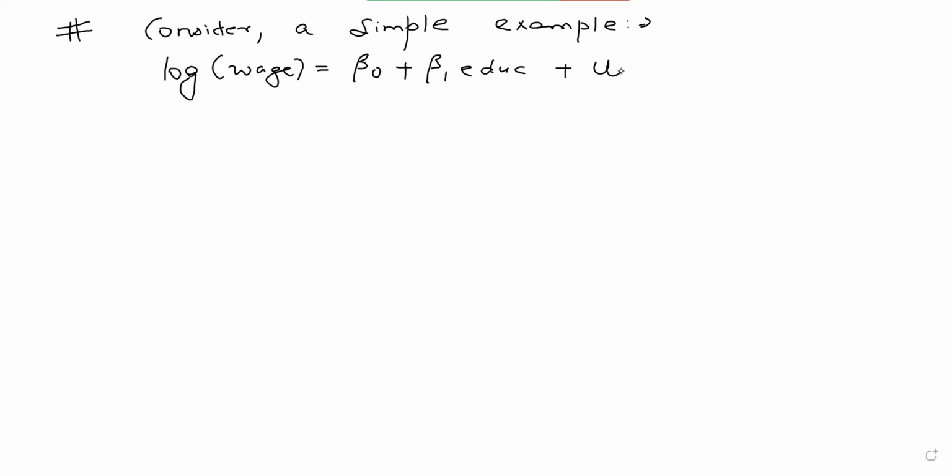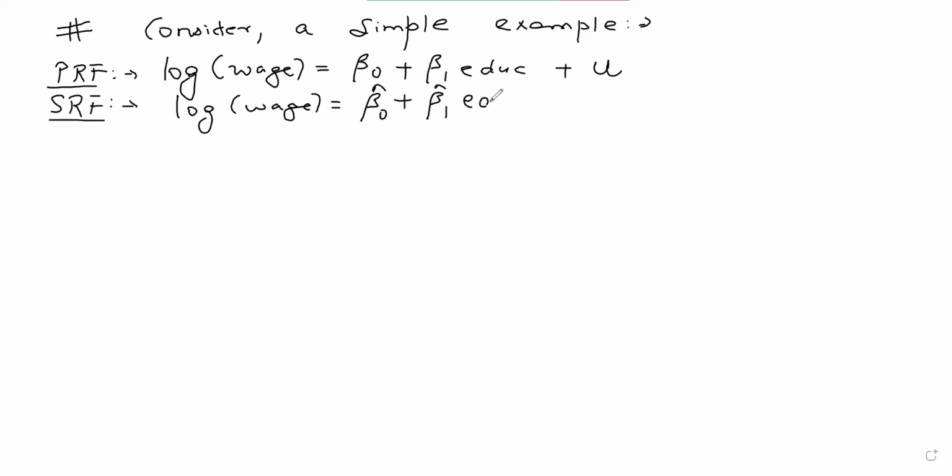So this is my population regression function. Corresponding to it, suppose my sample regression function for estimation is log of wage equals beta naught hat plus beta 1 hat education plus u hat. This is my sample regression function.